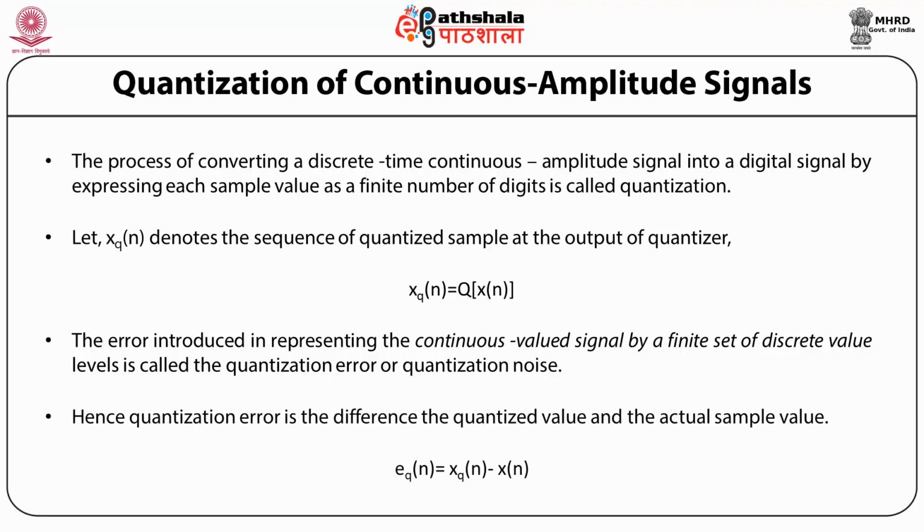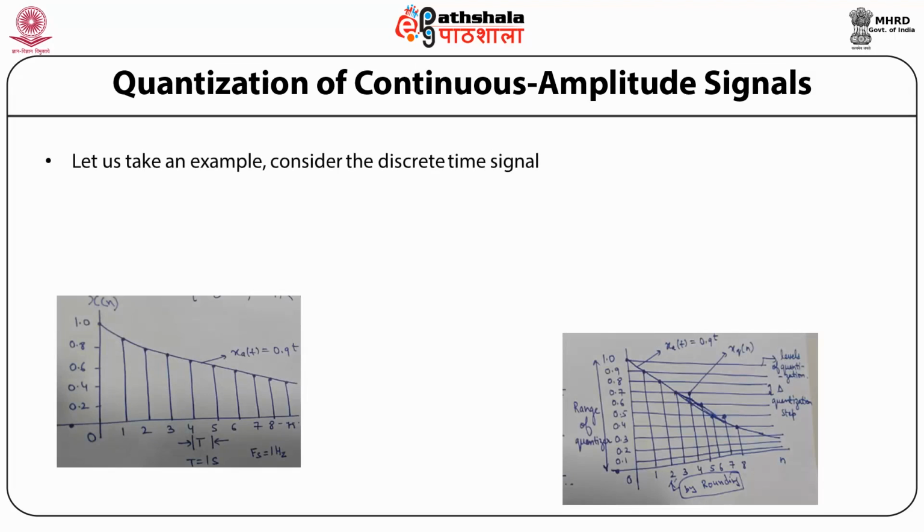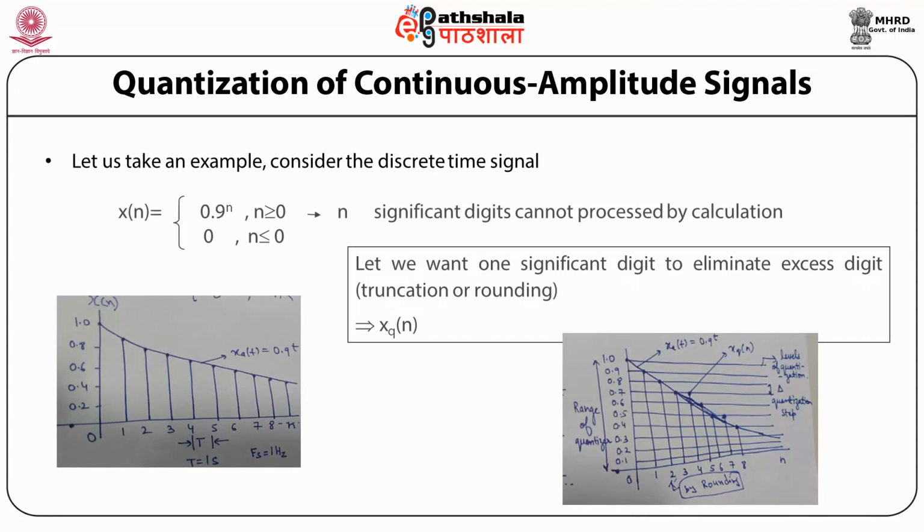Hence, quantization error is the difference between the quantized value and the actual sample value, which is represented by eq(n) = xq(n) - x(n). Let us take an example. Consider the discrete time signal x(n) = 0.9^n for n greater than or equal to 0, and 0 for n less than 0.